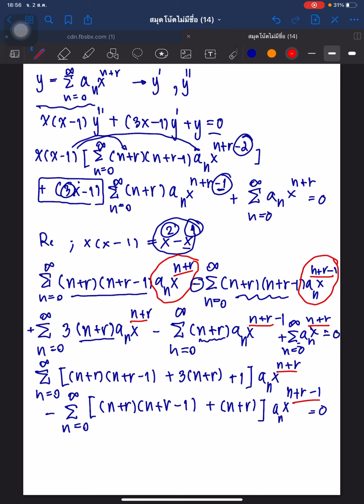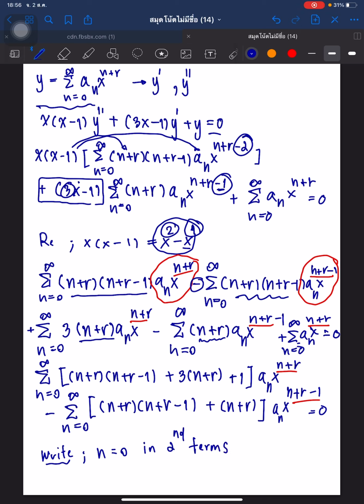Okay, after that we write by substituting n equals 0 in the second term. We do the next page.